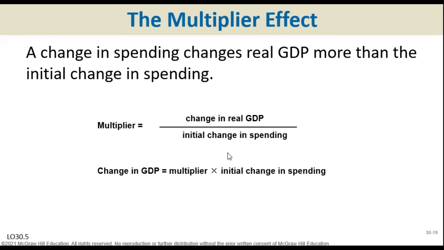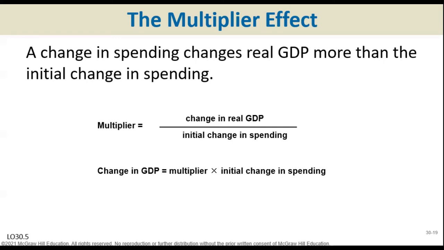A point to remember about the multiplier is that the initial change in spending is usually associated with investment, because of the volatility of investment itself. But changes in consumption unrelated to income, net exports, and government purchases are all subject to the multiplier effect.